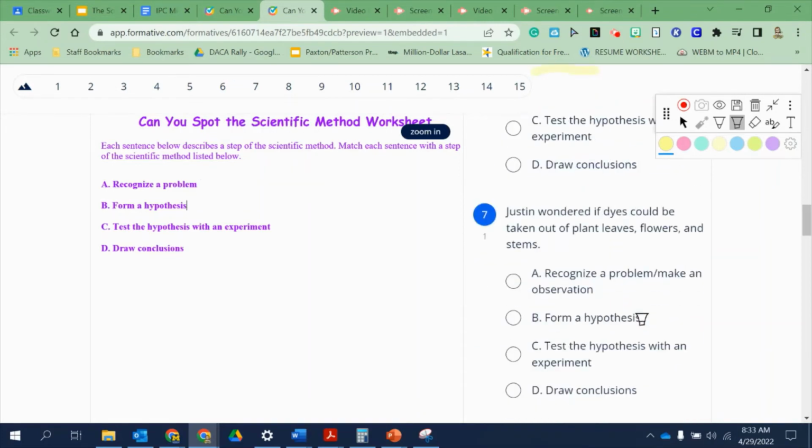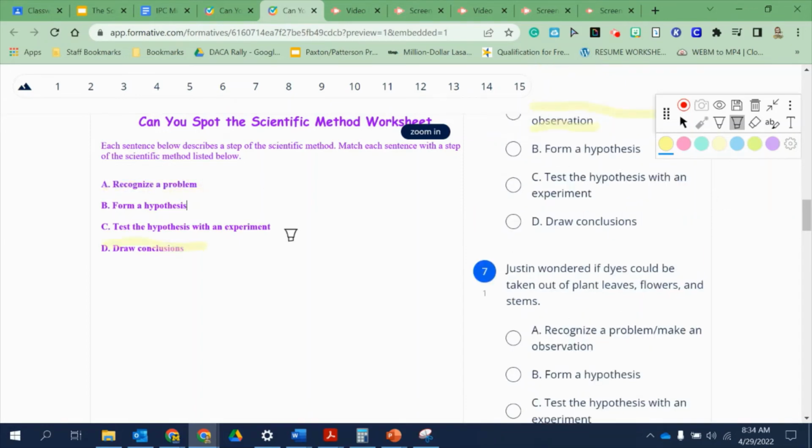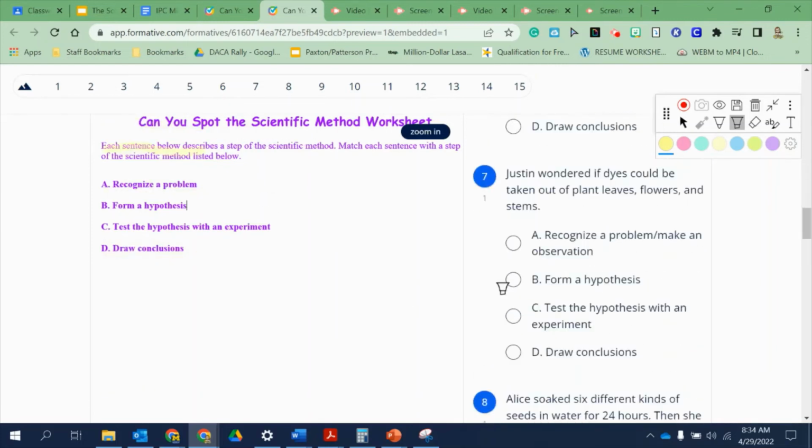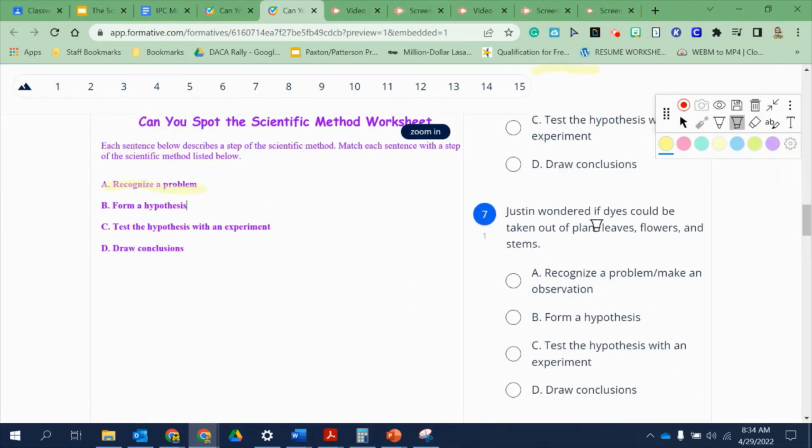Let's look for one more right here. I like this one right here, number 7. So Justin wondered if, and again, this is going to be an example of recognize a problem or make an observation. Justin wondered if dyes could be taken out of plant leaves, flowers, and stems. And so here, he's not making an if and then statement.